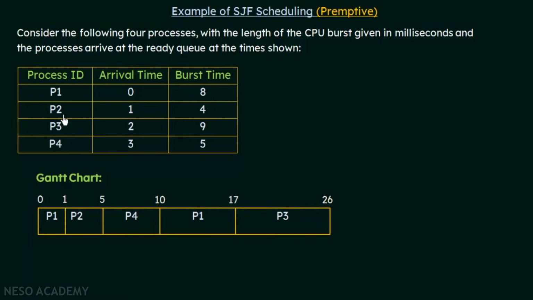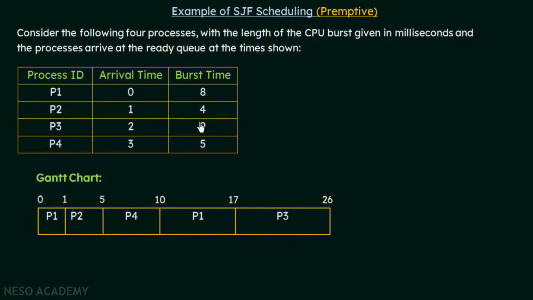Now what happens is at time 1, so at 1 millisecond, P2 arrived. And what is the burst time of P2? It is 4 milliseconds. So we see that at time 1, P2 arrived and the burst time of P2 is less than that of P1, which is already using the CPU. So here the SJF scheduling algorithm is going to work because the process having the lesser CPU burst should be the one getting the CPU first.